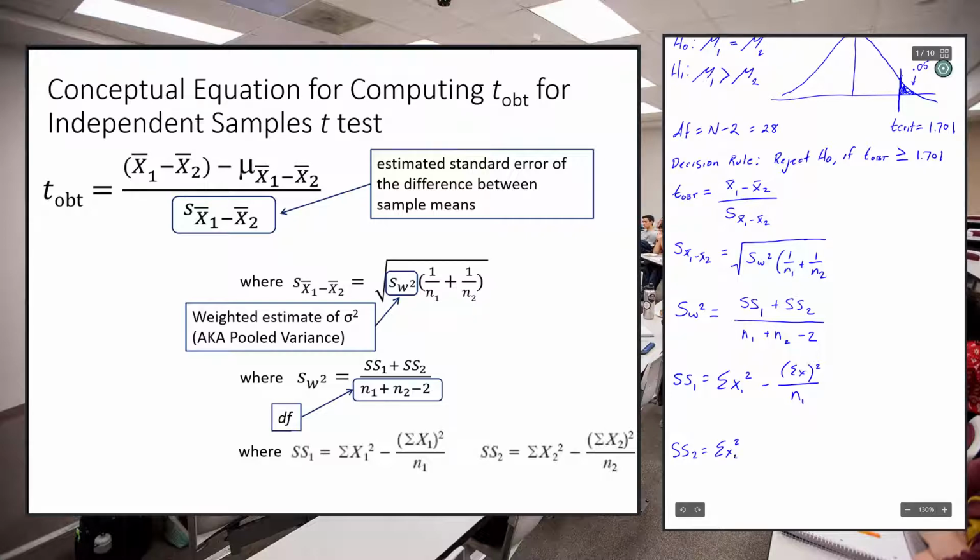Nothing different here. Okay, we're just kind of setting this up. As you can see, we're going to have to work backwards quite a bit.